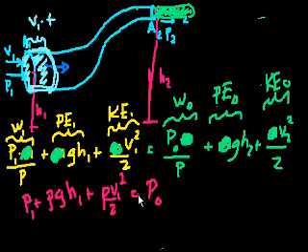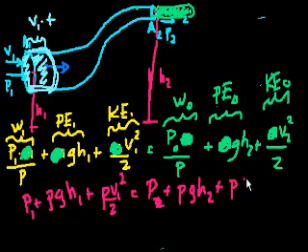And that equals the pressure out plus the density times gravity times the output height. Let's make everything consistent, since I wrote 2's here: this is pressure 2, this is height 2, plus rho times the output velocity squared over 2.